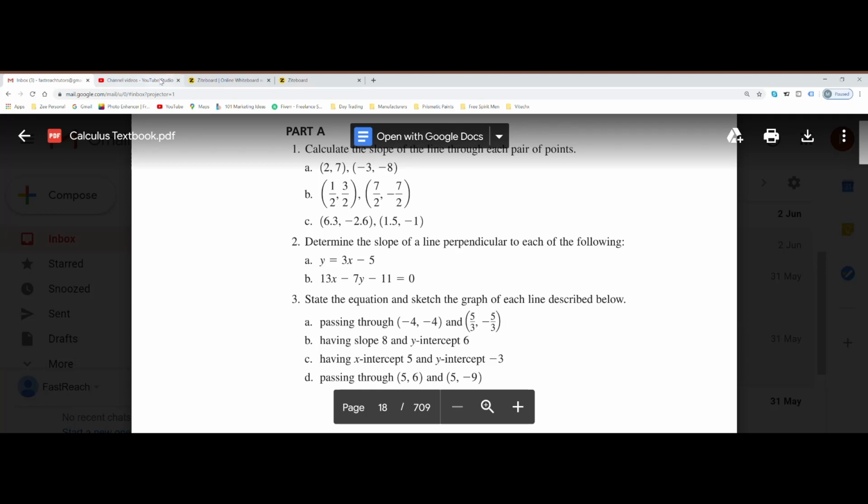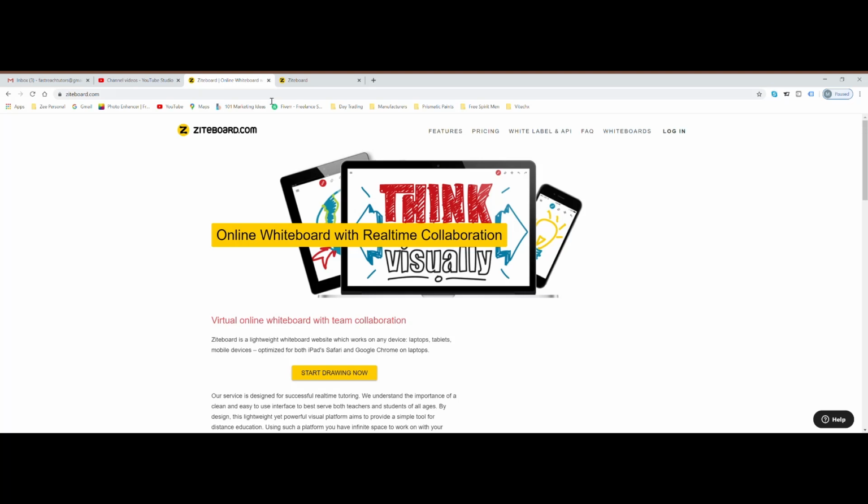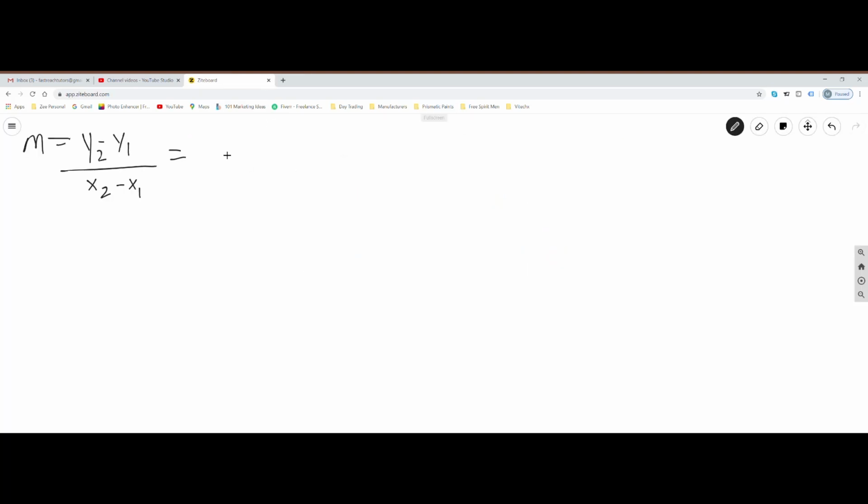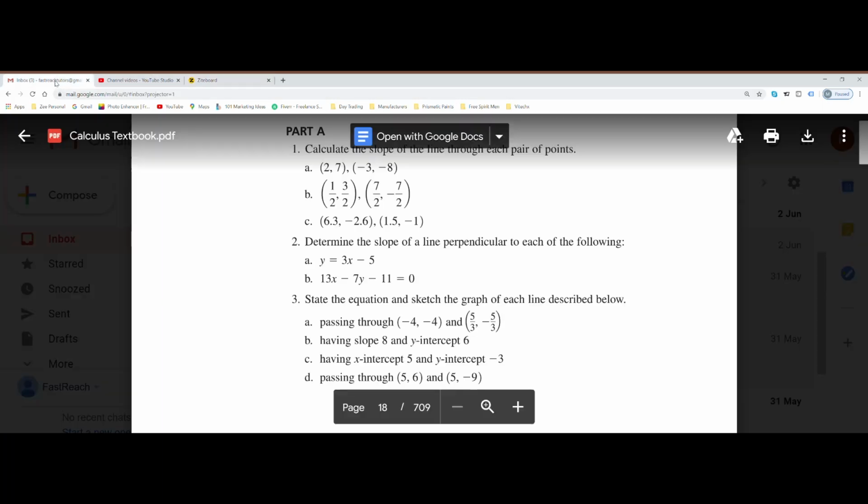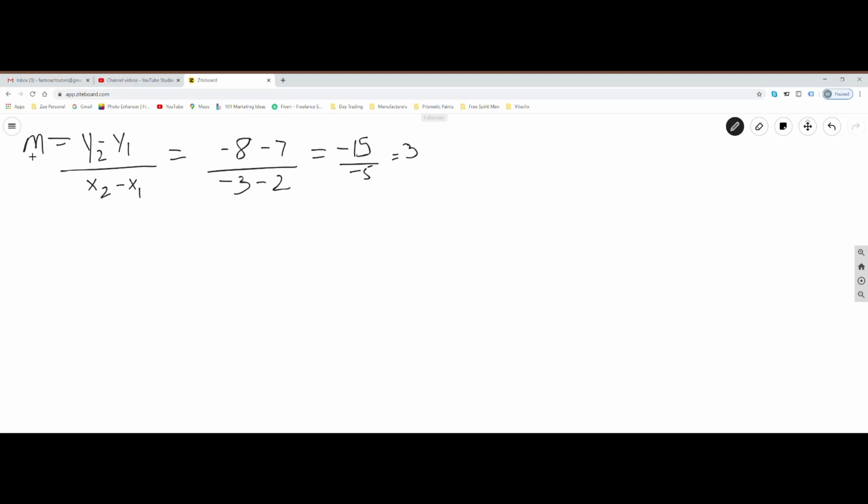So if we do the equation, we get minus 8 minus 7 over minus 3 minus 2, equals negative 15 over negative 5, equals positive 3. So the slope between these 2 points is 3. Let's do the next one. So that's A.